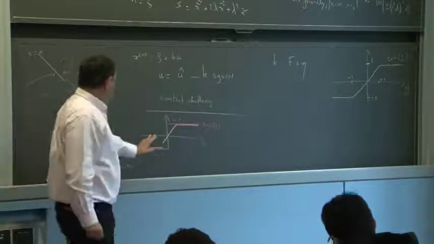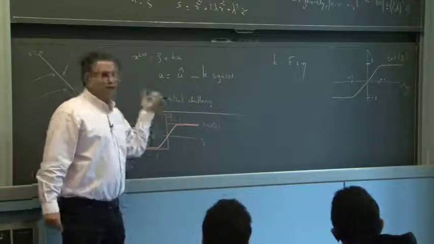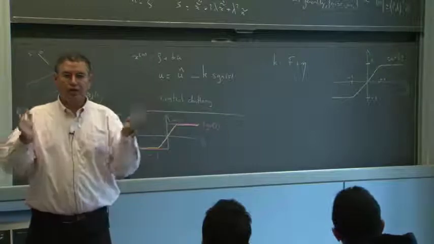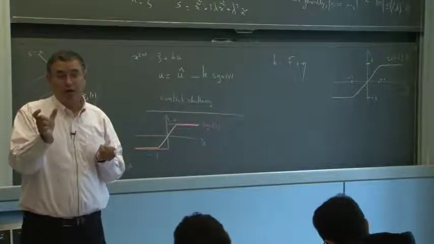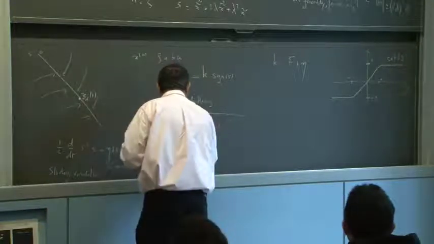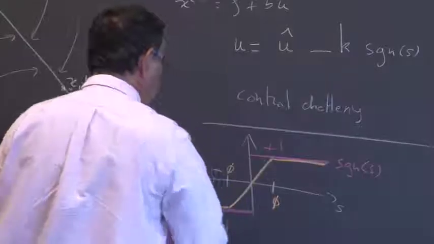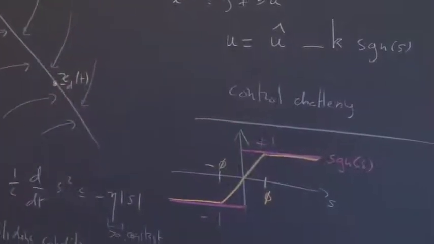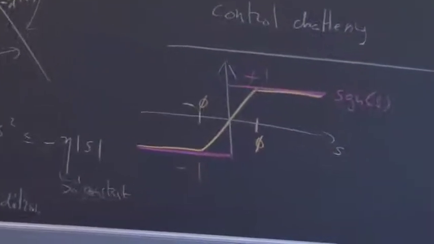Now, intuitively, there's nothing magical about 1, about s equals 1, right? So what we'd like to do is be able to do this transition in some zone which we define. So we'd like to do this transition between, let's say, phi and minus phi for some constant phi, rather than between -1 and 1, okay?